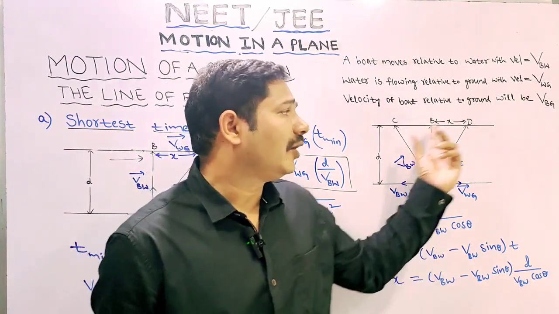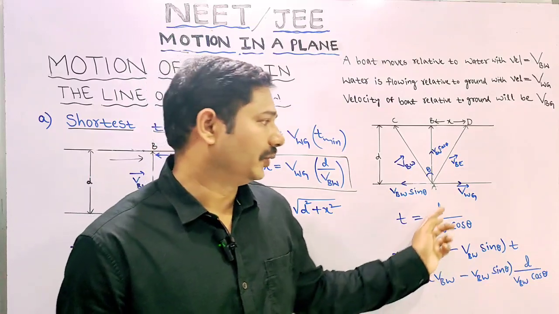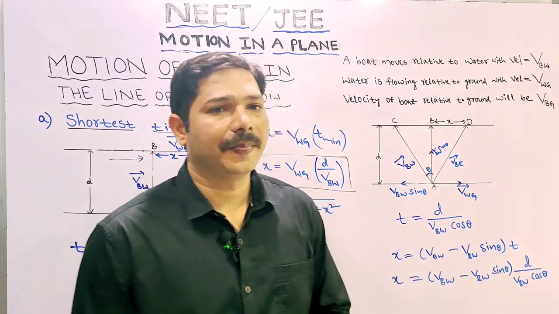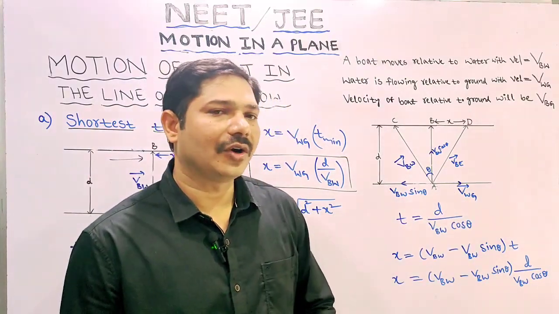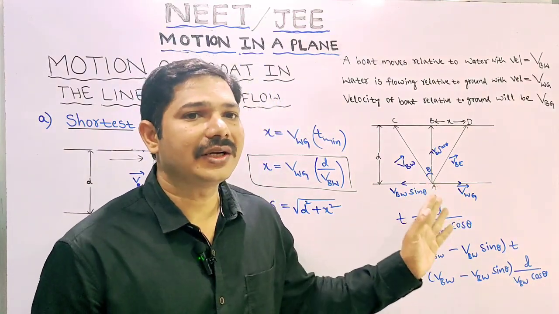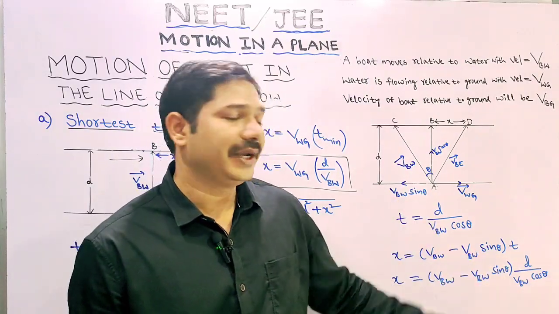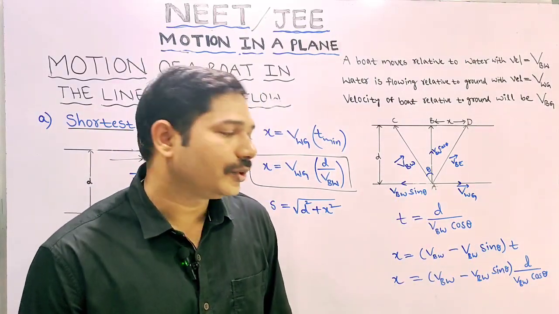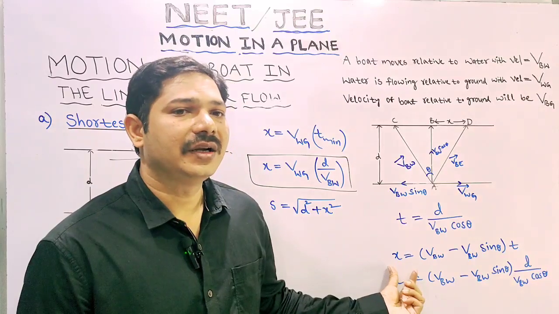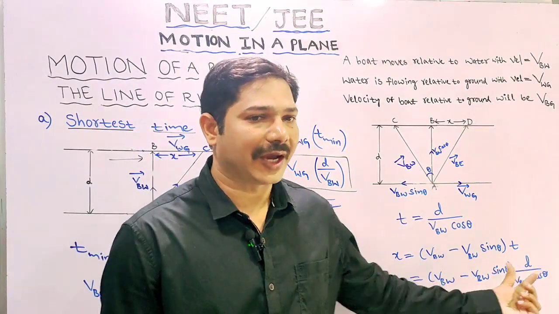Here, how much drift is there? X equals the flow of water with respect to the ground, vbw, but against that he aimed at a certain angle, so that value I am taking as vbw sin theta, into time. Why? Because displacement is equal to velocity into time.